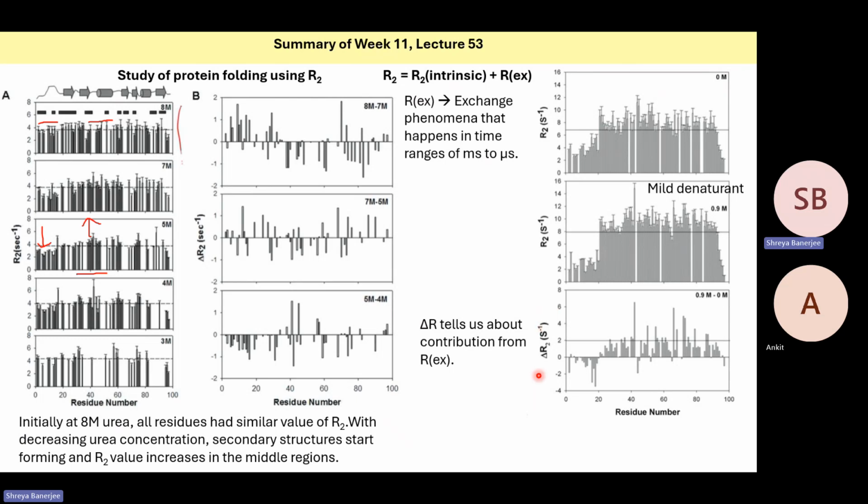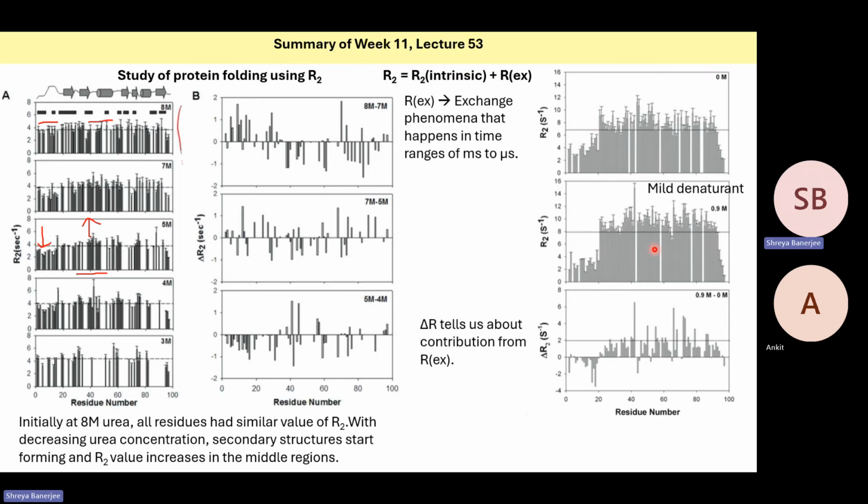Delta R2 is telling about the contribution from this exchange phenomena. We will come into this more later, but all you can remember for now is that suppose in 0 molar urea there is a certain structure, and in 0.9 molar urea there is some other structure that is forming.